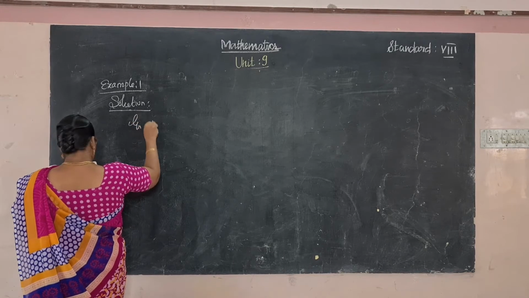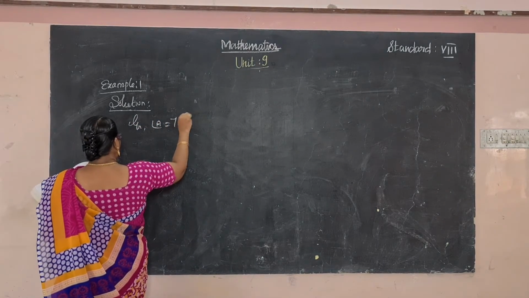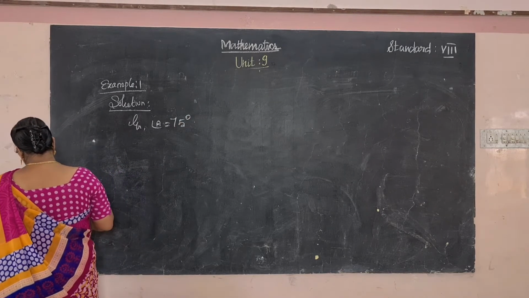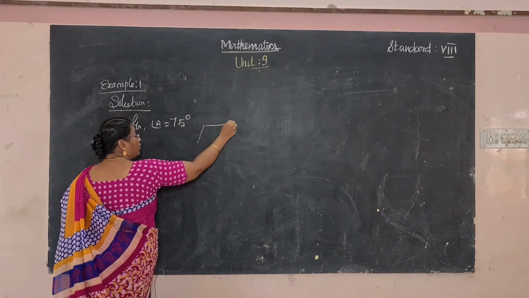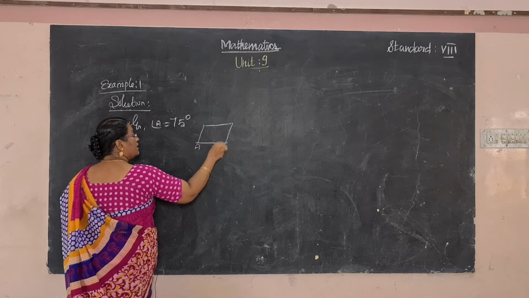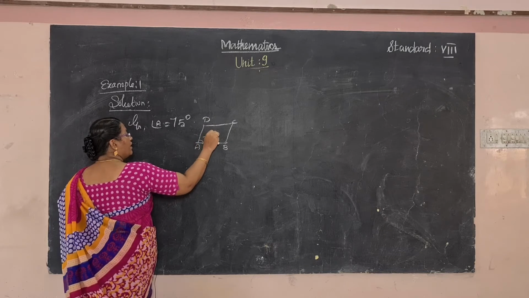Given angle A is equal to 75 degrees. What are the measures of the remaining angles? Assume the parallelogram like this, and we have denoted it A, B, C, D. The angle A is 75 degrees.